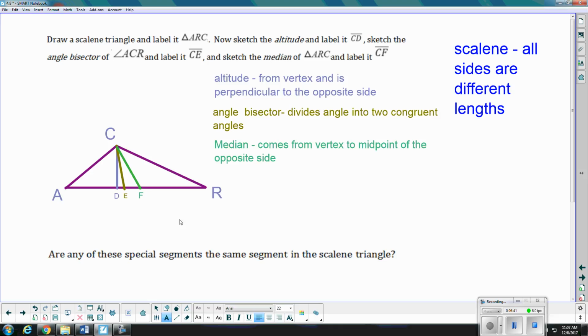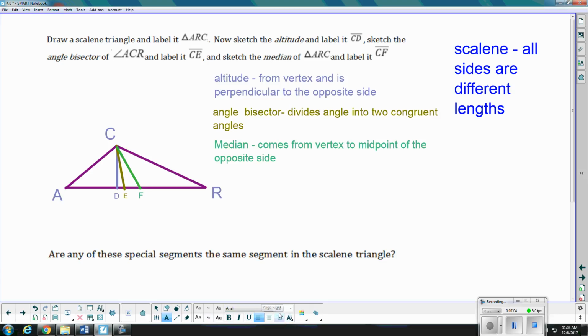All right, now let's look at these three segments. So we've got the altitude in purple, we've got the angle bisector, CE, and we've got the median CF. Are any of these special segments the same? It doesn't look like it.